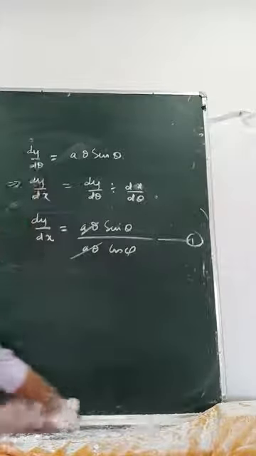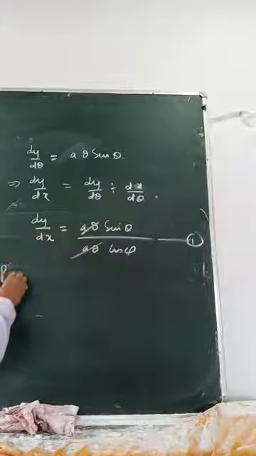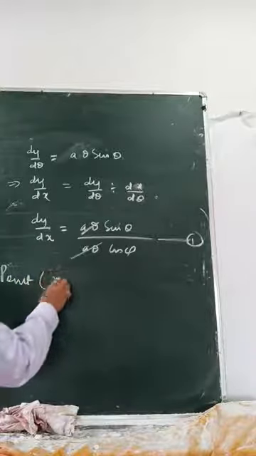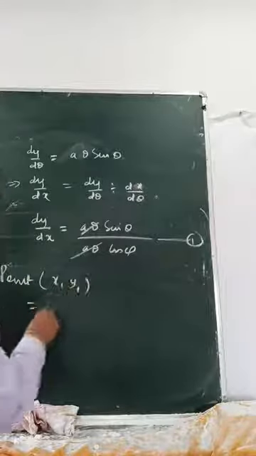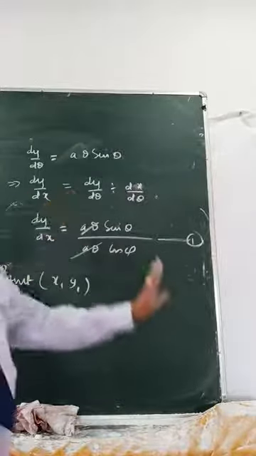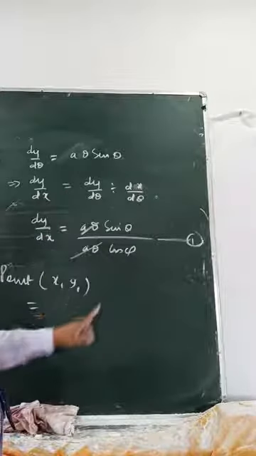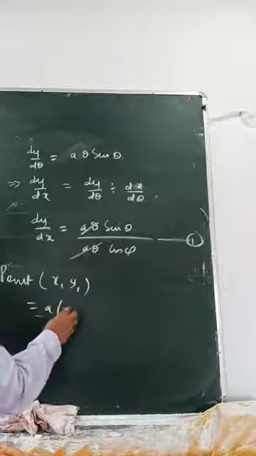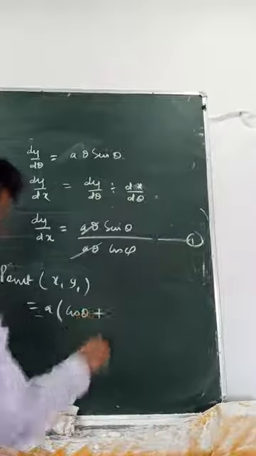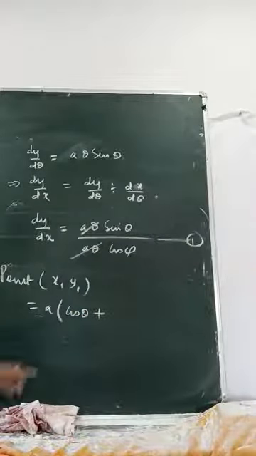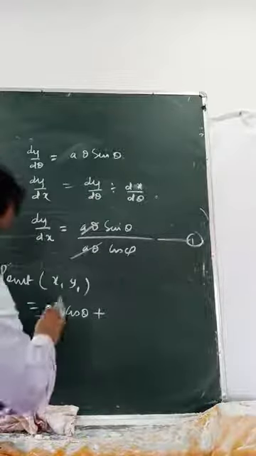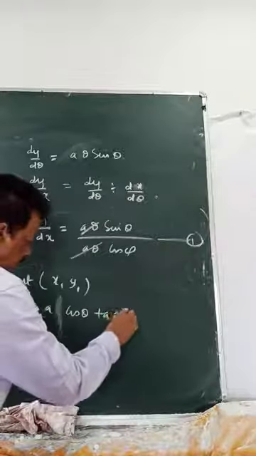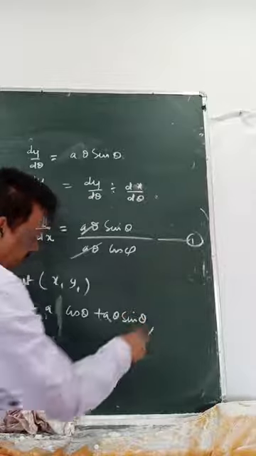Now what is the point? The point is x1, y1, that is the given point x, y. That means it is a times cos theta plus a theta sin theta.